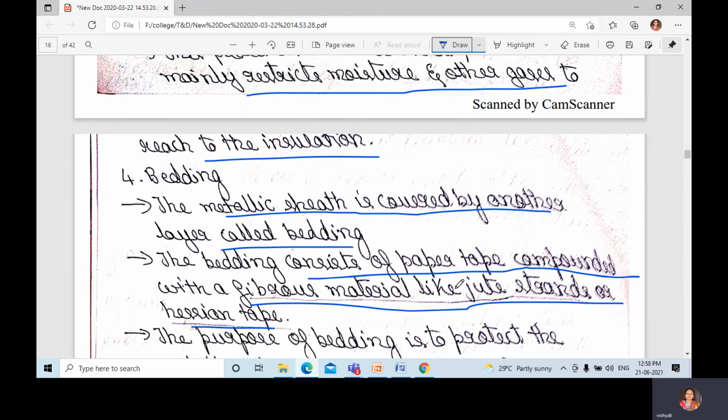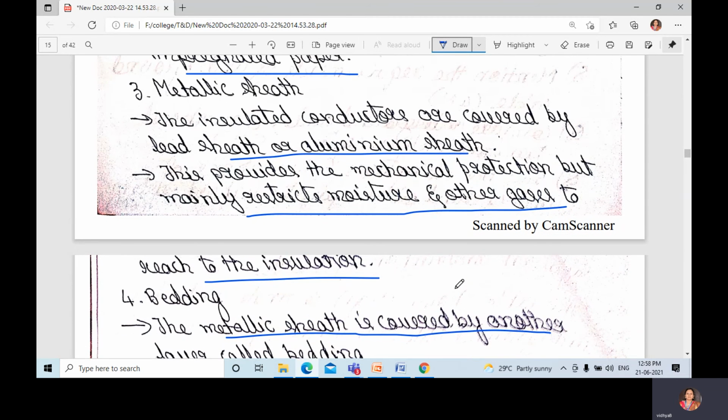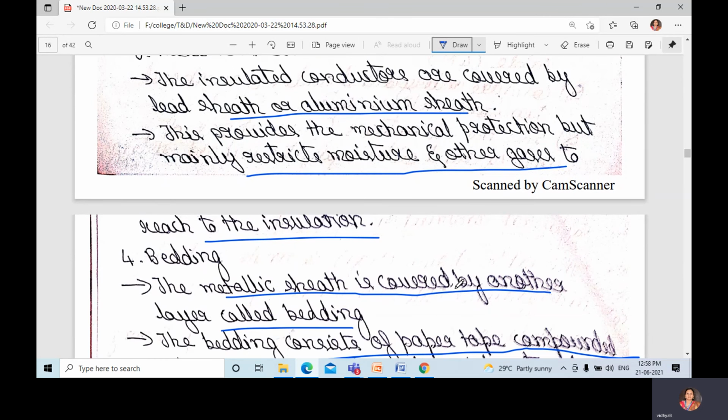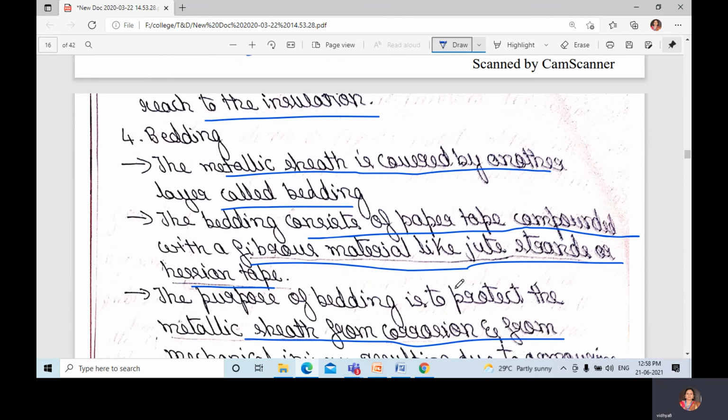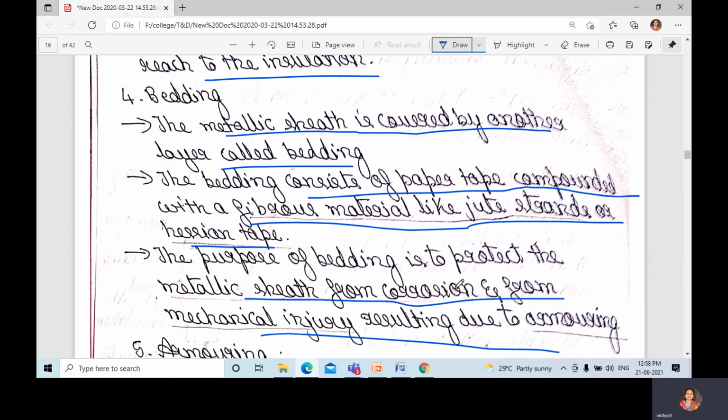What about bedding? Some corrosion will occur on the metallic sheath, which is covered by lead sheath or aluminium sheath. To avoid the corrosion and also the mechanical injury, they have provided the bedding.